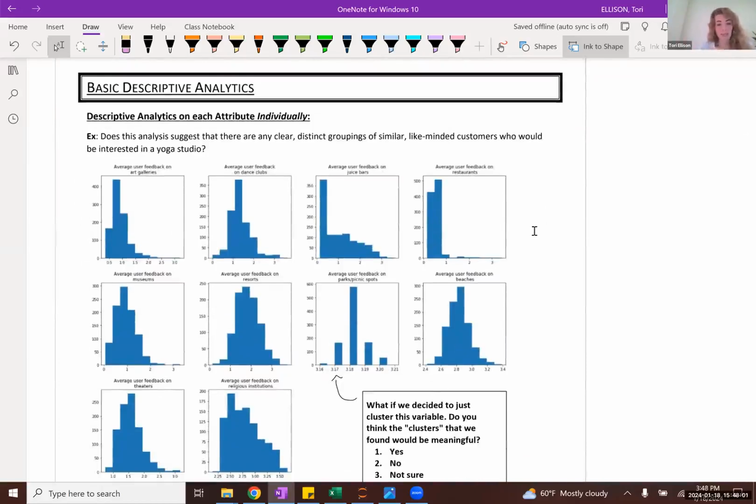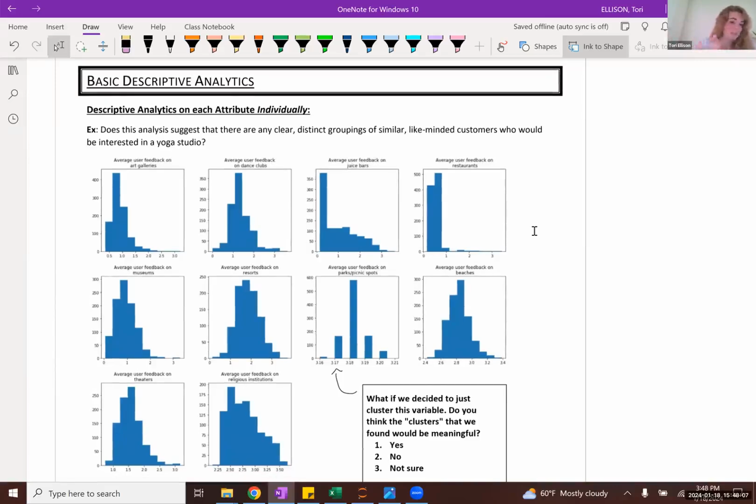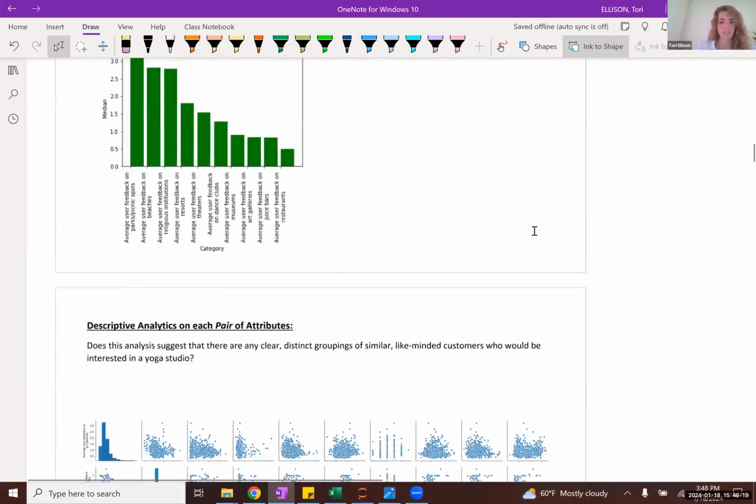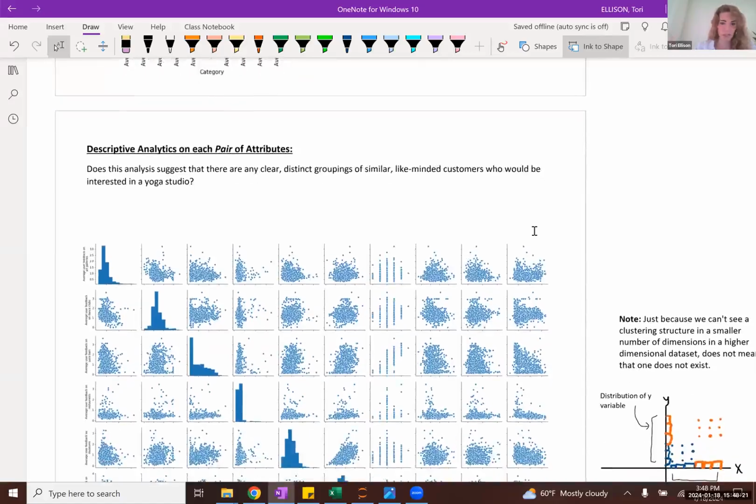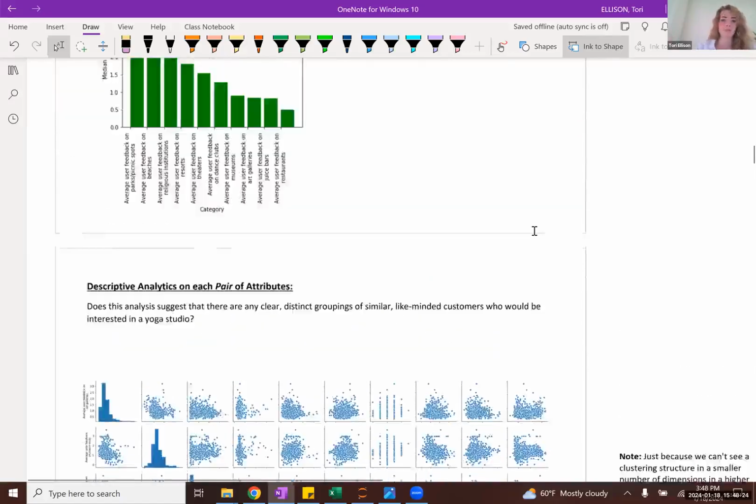We're using it to basically describe the data set. That's our ultimate goal. So before using a more sophisticated descriptive analytics technique, it's always a good idea to perform more basic descriptive analytics techniques. So basically, summarizing each of the individual variables, summarizing the relationship between each pair of variables.